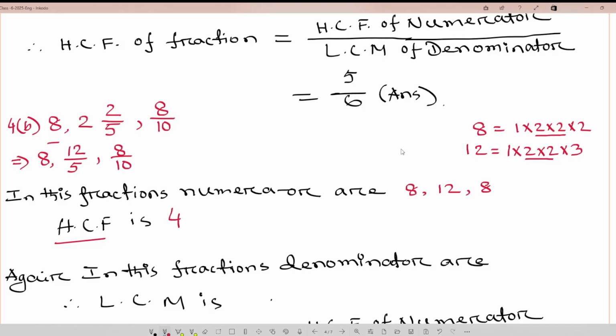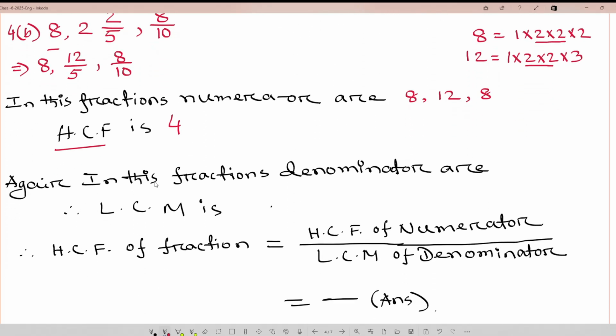Right? Now in these fractions, the denominators are: 8 shows no denominator, which means 1, so no need to write it. Then 5 and then 10, so obviously the LCM will be 10.